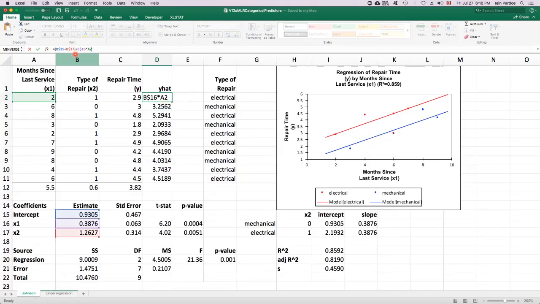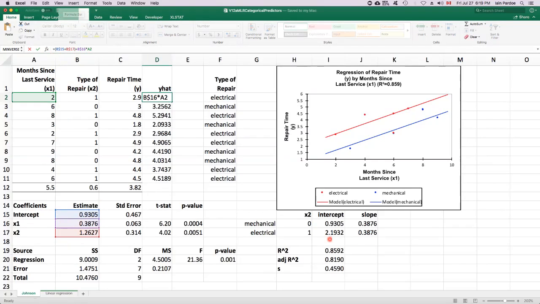Now we can think of the equation for predicting y for electrical repairs as 0.9305 plus 1.2627, that's this piece, plus 0.3876 times x1. If I think of this in terms of intercept and slope again, these two pieces added together are the intercept, and then this is the slope.